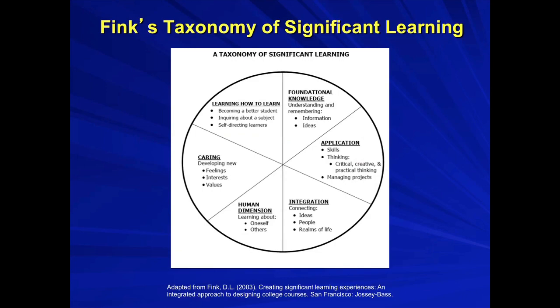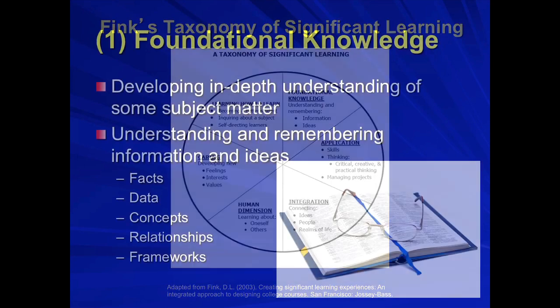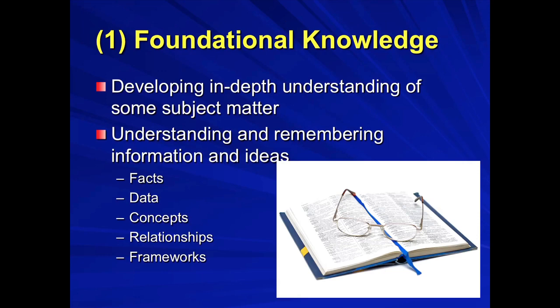So we'll highlight what some of these domain outcomes are. The first thing that Fink talks about is a cognitive outcome, somewhat like Bloom, that has to do with developing real understanding in the subject matter.